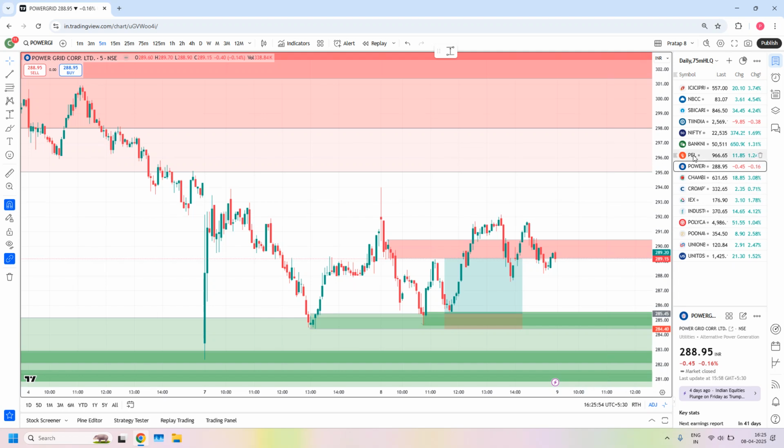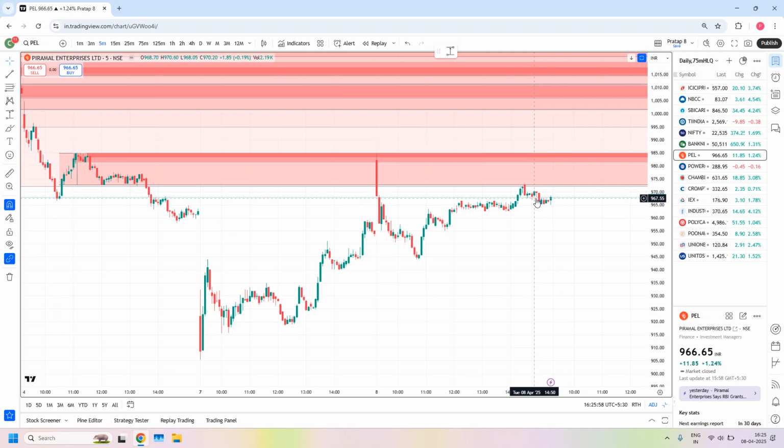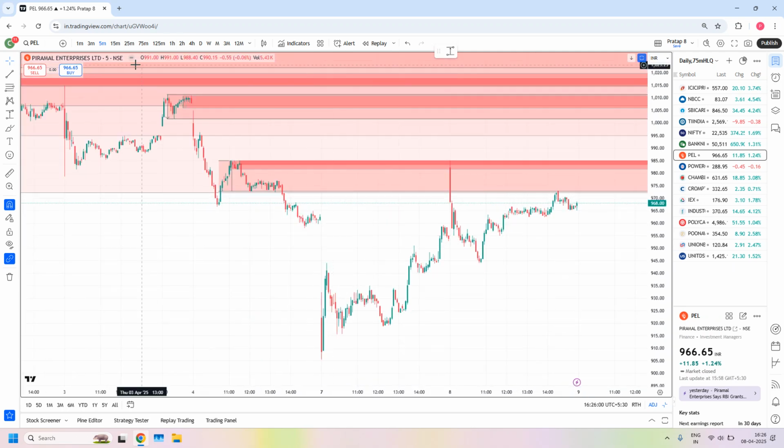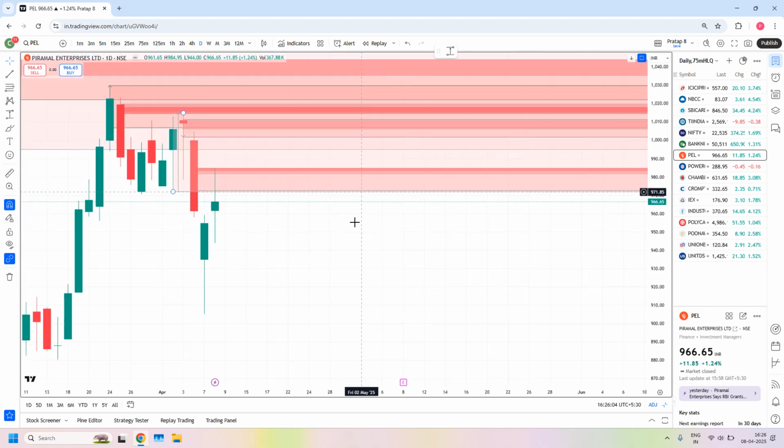And the next one, another bad luck, PEL. PEL is also a daily high liquidity zone. This is the zone identified by our software. Rally candle, 1, 2, 3, 4 base candles and a drop candle. See, this is the daily zone we have.